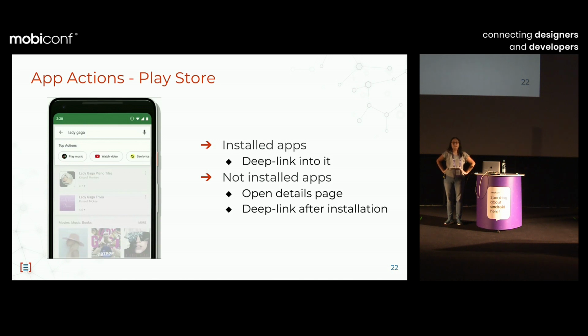Yes, of course. How is Google going to decide which of the competitors is going to be presented? Is it a Google policy, or? So yes, it's going to be some magic. It's going to have an algorithm, of course, to see which action is going to be suggested to which kind of user.